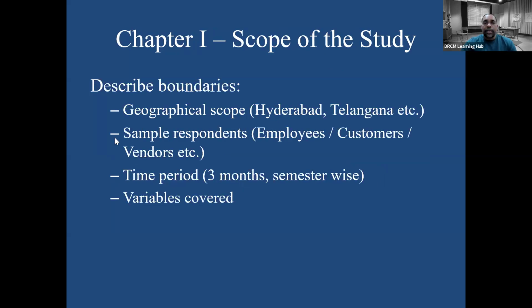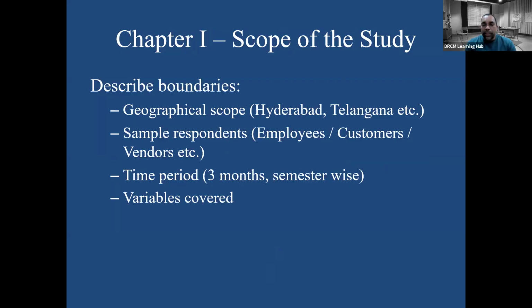So now coming to the next part, we are going to talk about the scope of the study. Scope means describing the boundaries. For example, geographical scope. Suppose you are taking the entire Telangana population, then you can write my study is confined to the entire Telangana state.